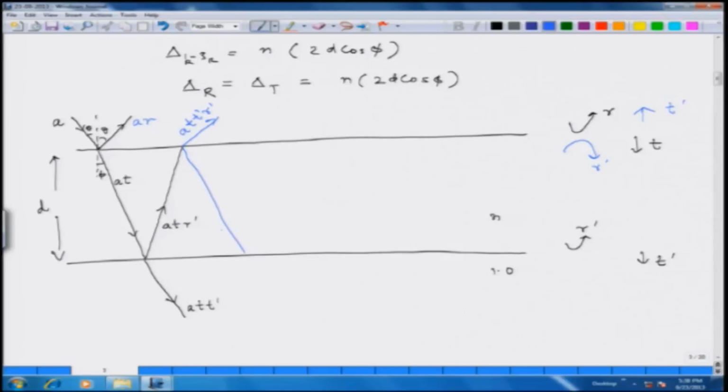What is reflected here is going to be A times t times r prime square. You can follow this again. At this interface, it is going to be reflected and transmitted again. The amount which is transmitted is A t prime r prime square, and the amount which is reflected is A t r prime cube. So, this series will continue in that direction.